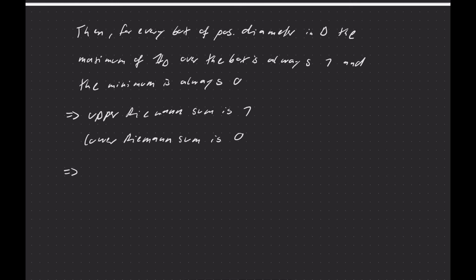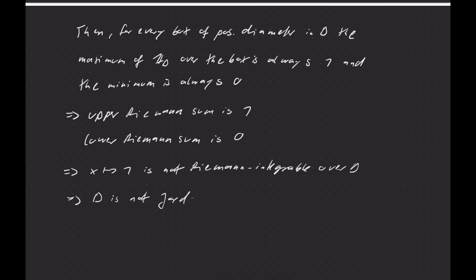And that means the function 1 is not Riemann integrable over D. In other words, D is not Jordan measurable. So it doesn't have a meaningful value, at least not in the framework that we have defined here.